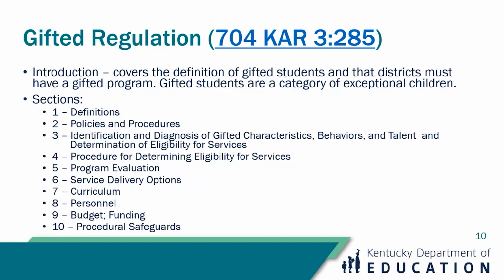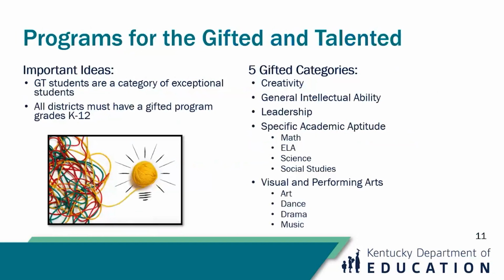There are 10 sections in the regulation, and we'll cover those at a high level overview here in the next several slides. So first of all, the introduction to the regulation says that GT students are a category of exceptional children and that all districts must have a gifted program. It also gives the 5 categories, and I've also broken down those 5 categories into the subcategories.